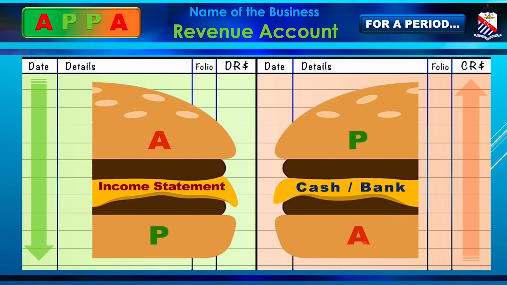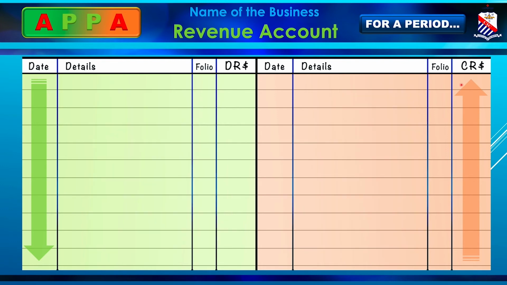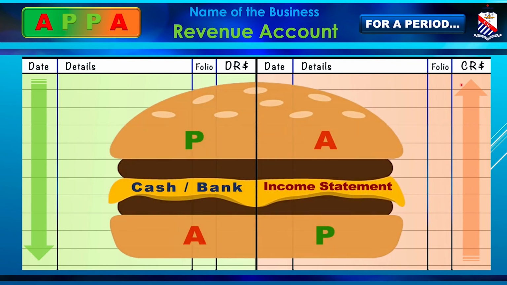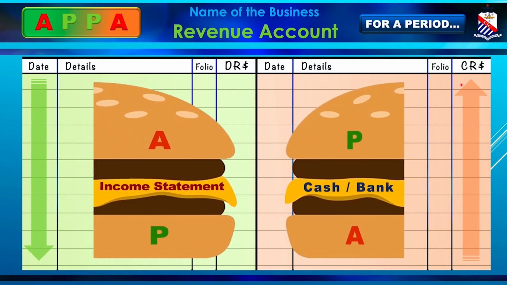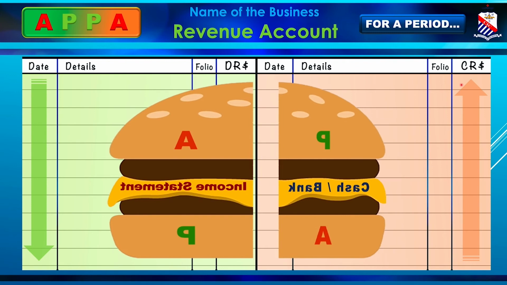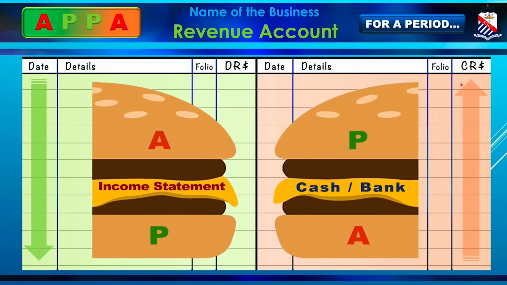So that means this side of it also switches. These two things will switch as well. It's the entire half of the burger. If you notice, our burger was like this, and then we just broke it apart, and you had your two sides, and you flipped it over. So that means that your cash and bank will also go on this side, and your income statement will go on the debit side instead.